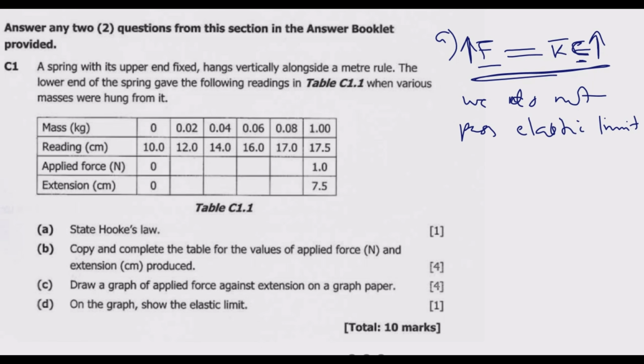Then B: copy and complete the table for the values of applied force in newtons and the extension in centimeter produced. So applied force F is equal to weight, which is mass times gravity.